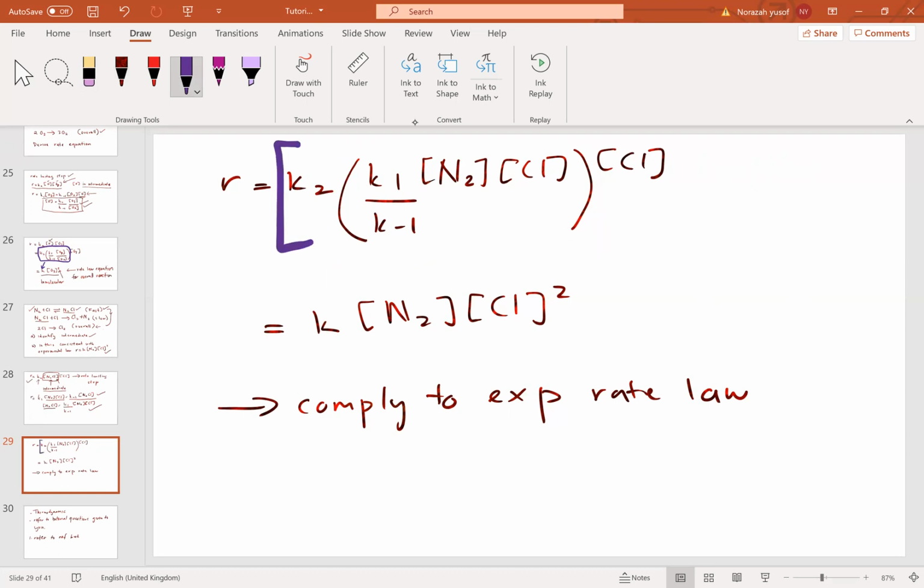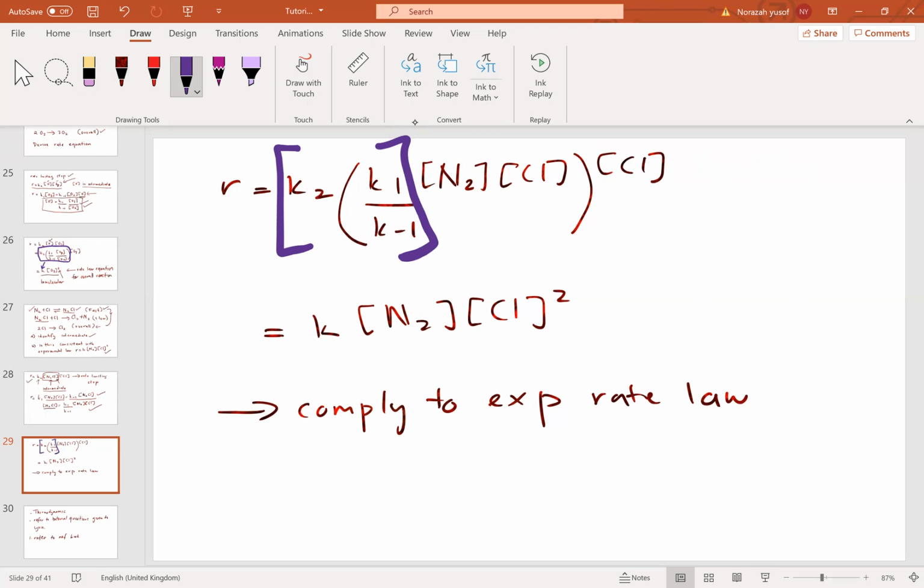This will represent the value of K. Then the nitrogen is maintained and the Cl is now Cl2.